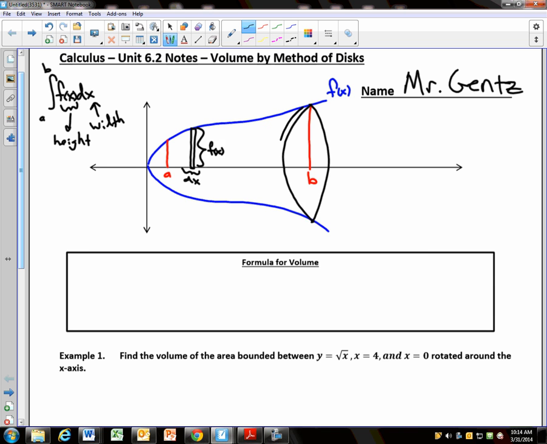Well, that's because I'm drawing the end of it. When I slice something off, let's say it's a ham, you slice off the end of the ham, you get this disc.